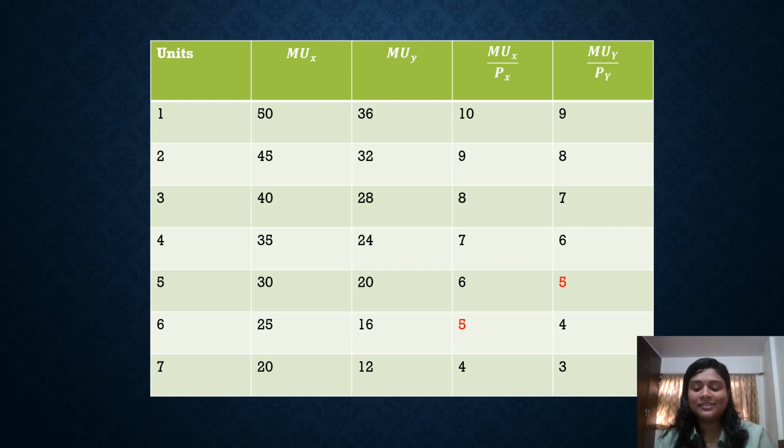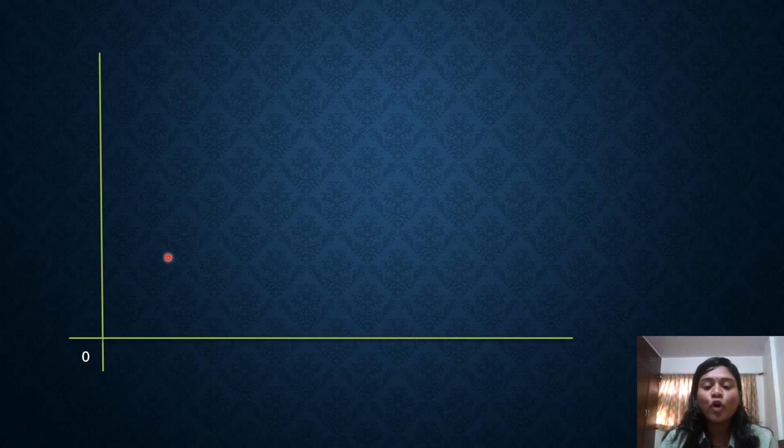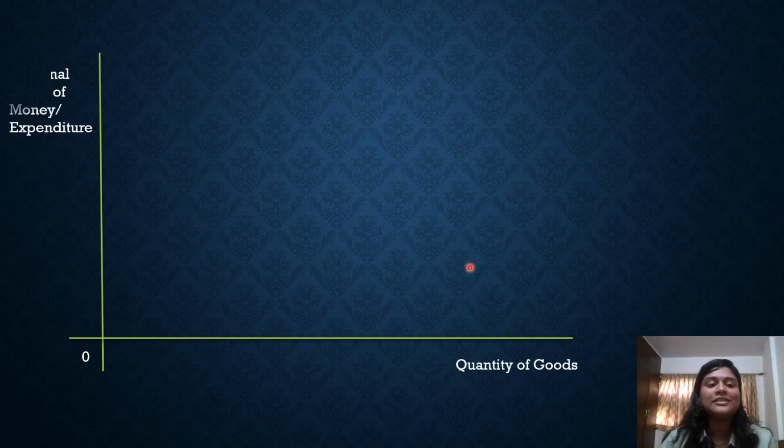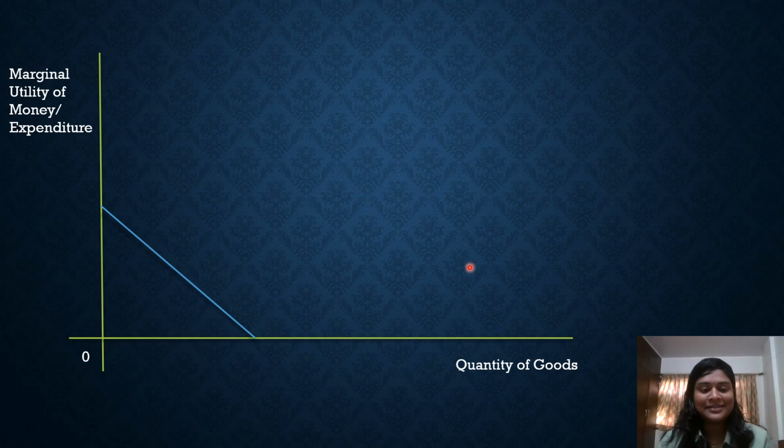Now let us look at this graphically. Now we have our x-axis which measures the quantity of good, and we have the y-axis which measures the marginal utility of money or expenditure. That is the marginal utility derived for a samosa for a rupee. So this is our marginal utility for vada pav per rupee.